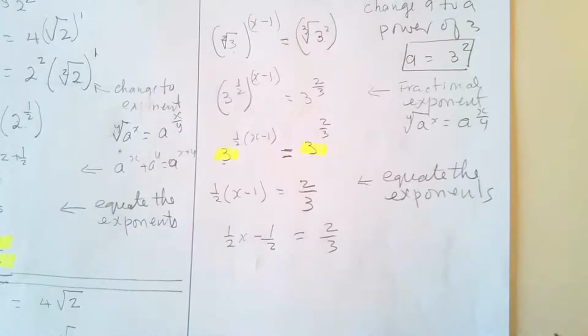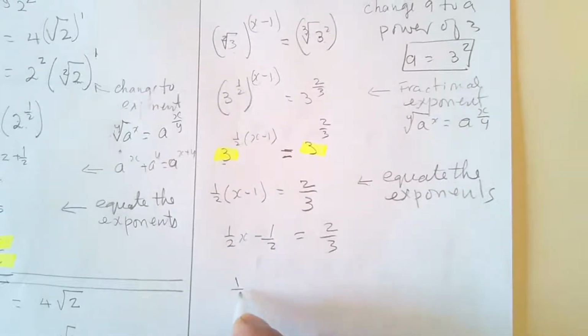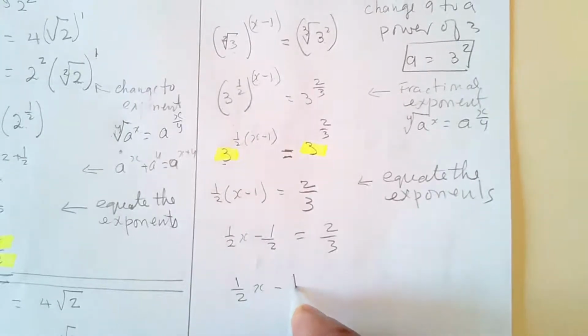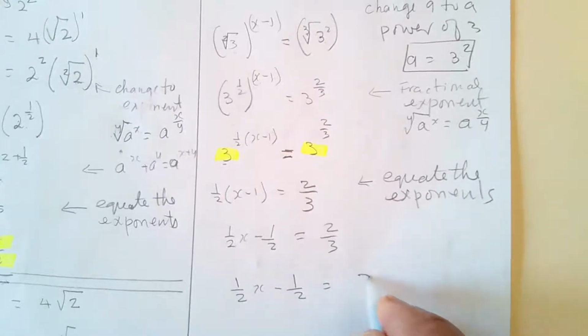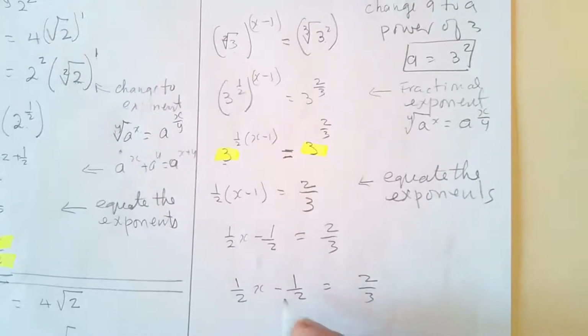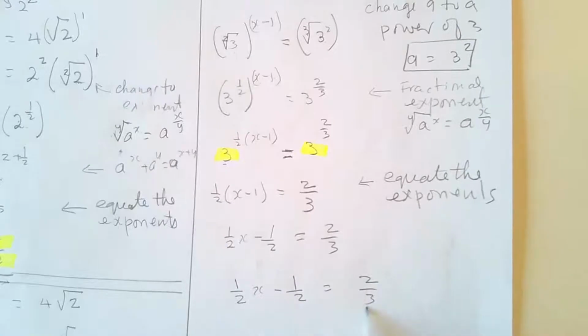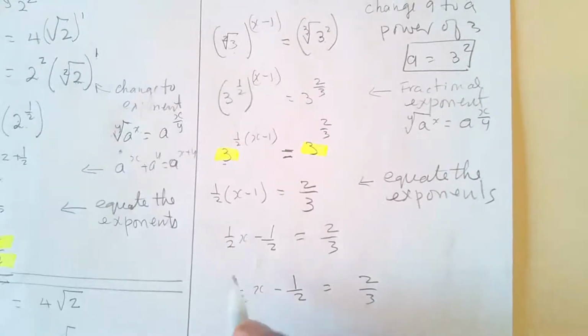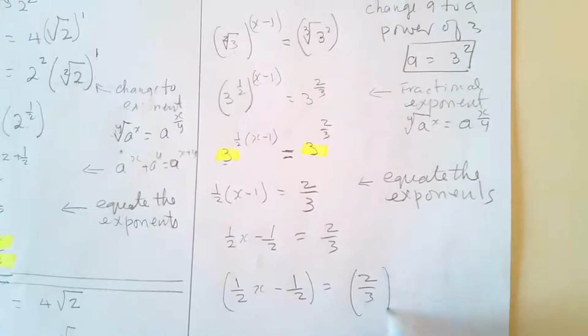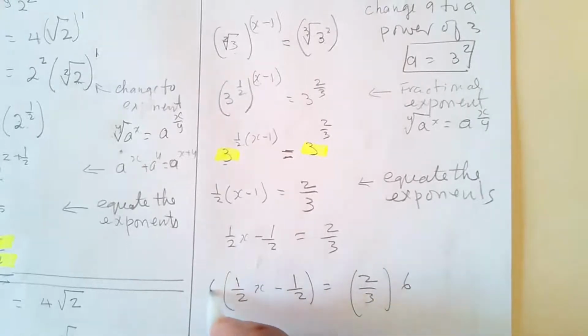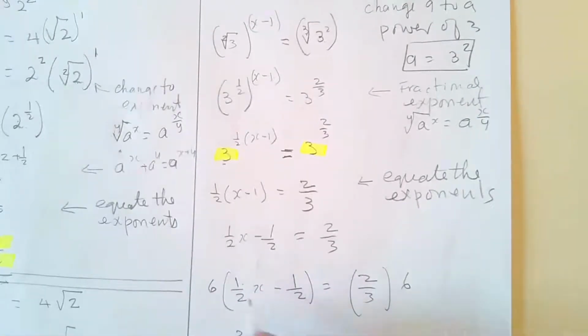Now I need to get rid of my fractions. I'm going to do one more step here so you can see in detail. The lowest common denominator of 2 and 3 would be 6, so I multiply both sides by 6, getting rid of my fractions. Now 6 times a half gives me 3, so we have 3x minus 6 times a half, which is 3.